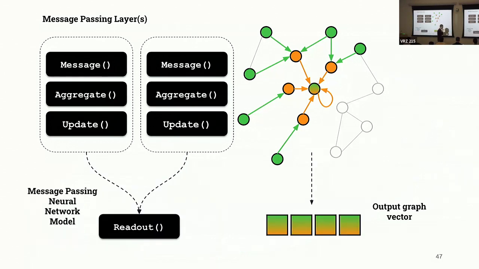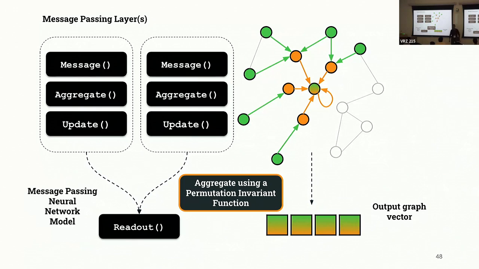And the final layer is actually a traditional operation, which is applied also to other types of architecture. At the end of the day, we are interested in obtaining a final vector that represents the entire graph. So we use this readout layer, which is another permutation invariant function.